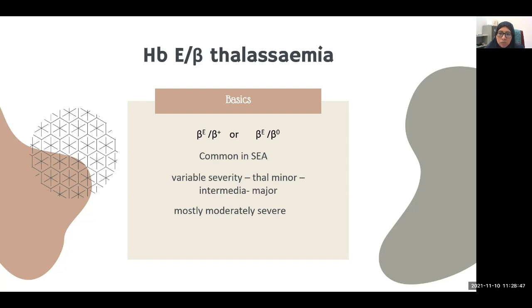They can present with thalassemia minor, very mild, without needing regular transfusion, or intermedia, in between minor and major, or they can present like thalassemia major, with all the complications of beta thalassemia major and the need for regular transfusion. Most of the time they present with moderately severe features.